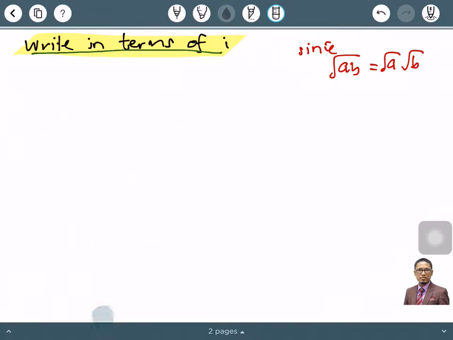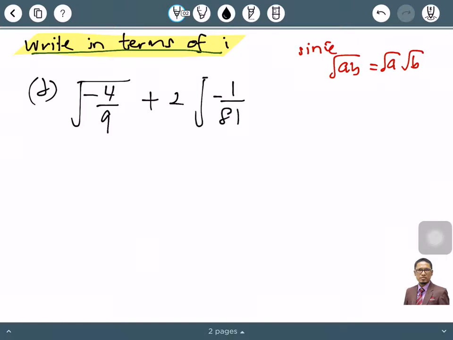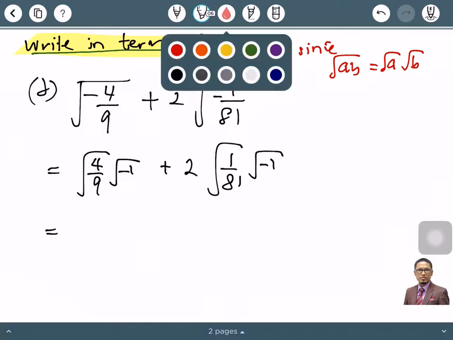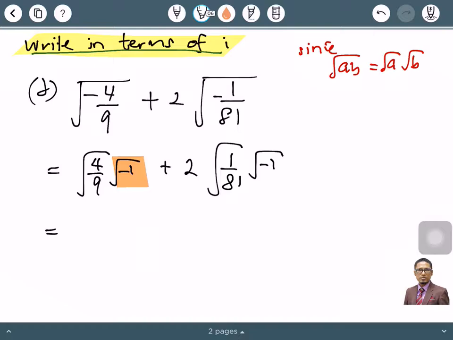And last example for our part 1, contoh yang keempat, square root of negative 4 over 9 plus 2 times square root of negative 1 over 81. Ni dalam fraction, kita akan implement law yang sama juga. Yang dalam fraction tu dah positif, kita boleh simplify.